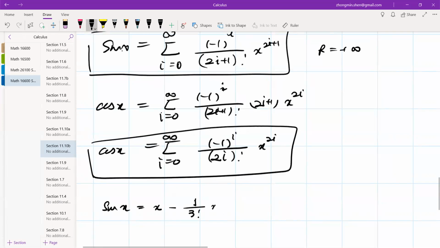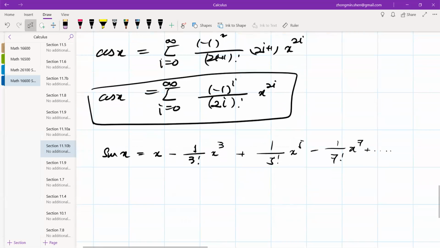The next term, when i equals 2, is x to the fifth over 5 factorial, then minus x to the 7th over 7 factorial. Those are the first few terms, so you can use polynomials to approximate sine x. That's the power of the power series.